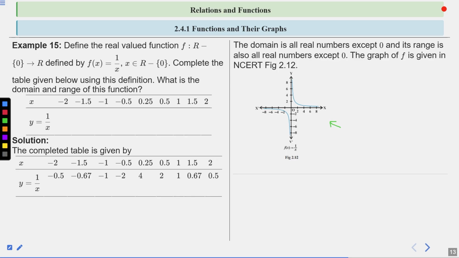Clear? For 1 comma 1, you will see your point will be somewhere here. For 2, the output is going to be 0.5. So as you can see, for 2 comma 0.5, the point will be somewhere here. Clear?